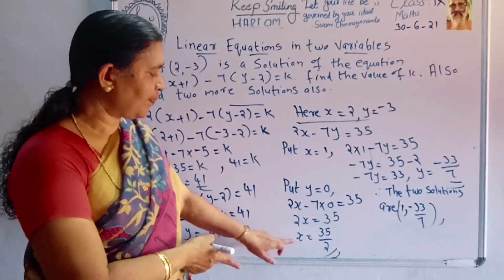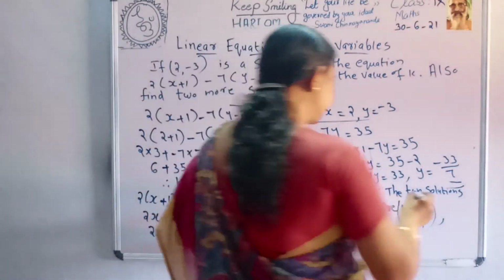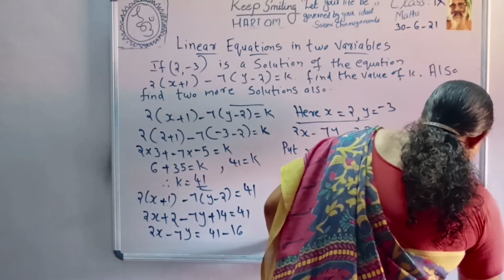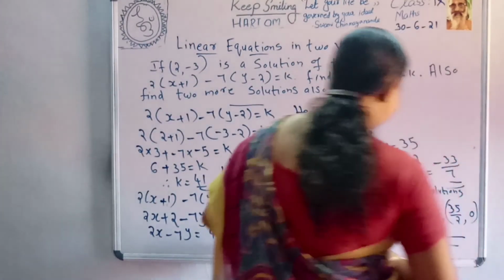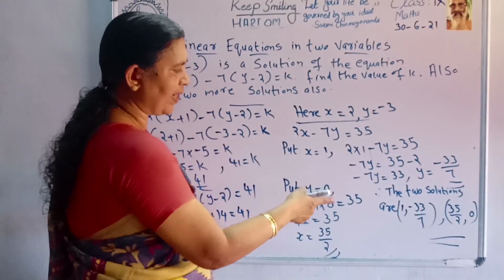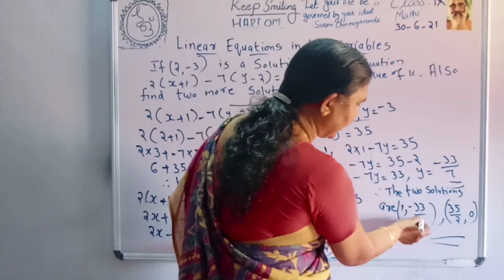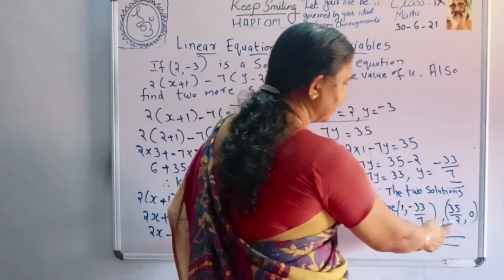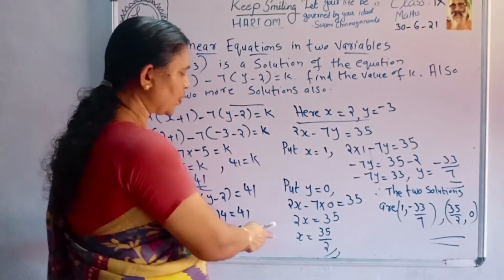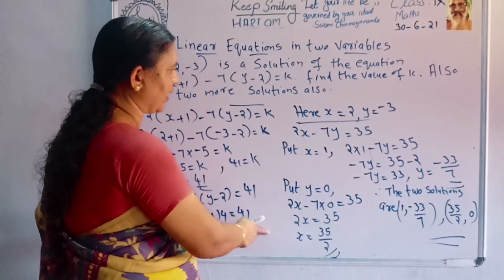So we write first the x coordinate, that is 35 by 2 comma 0. Therefore what are the solutions? The two solutions are 1, minus 33 by 7. The x coordinate is 1 and y coordinate is minus 33 by 7. Second one 35 by 2 and 0. Therefore we got two solutions for the equation.